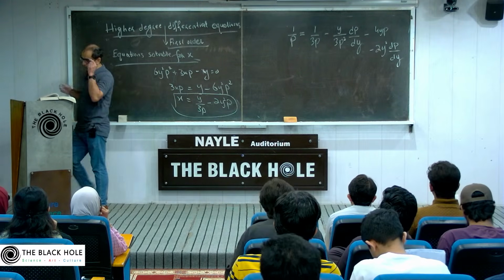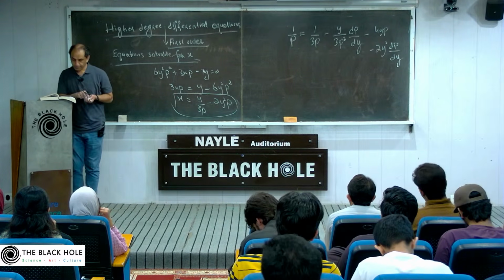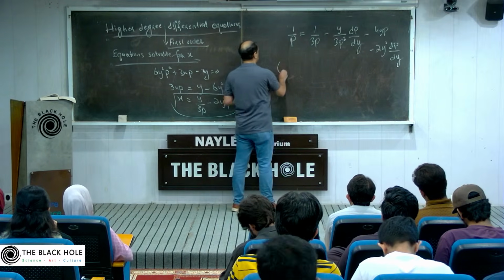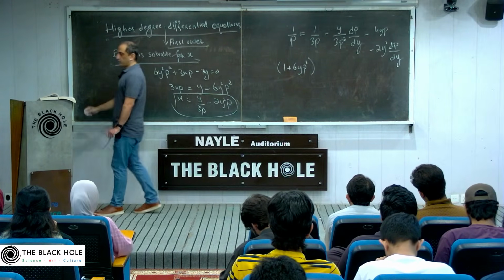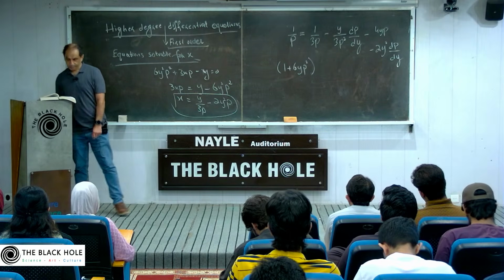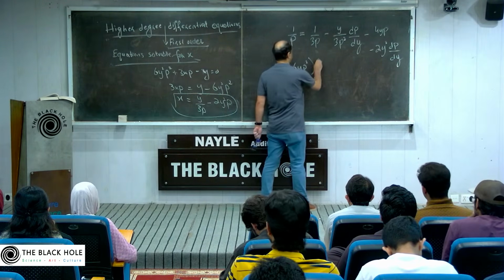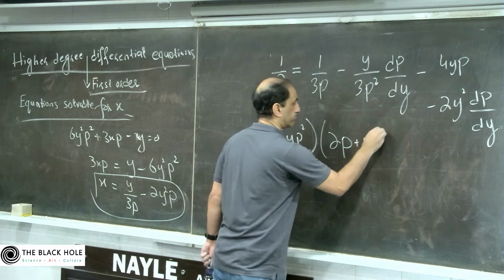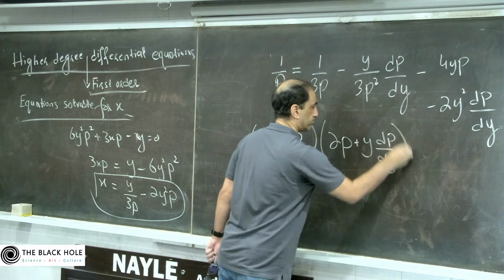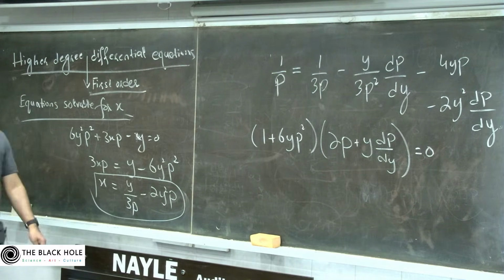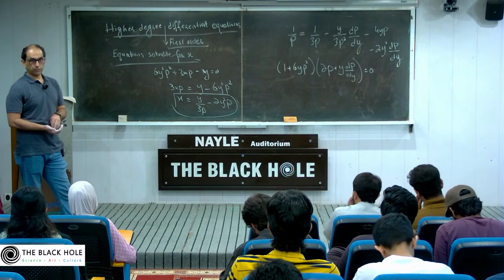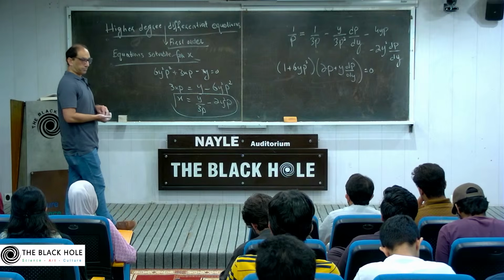I'll write that factor so that you have the answer. You see this dp over dy, and you just factorize it, and this is what you get.